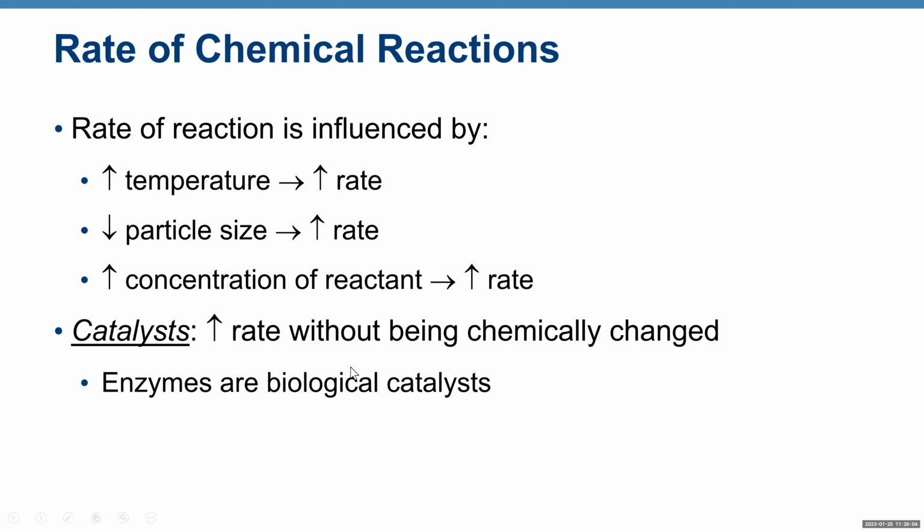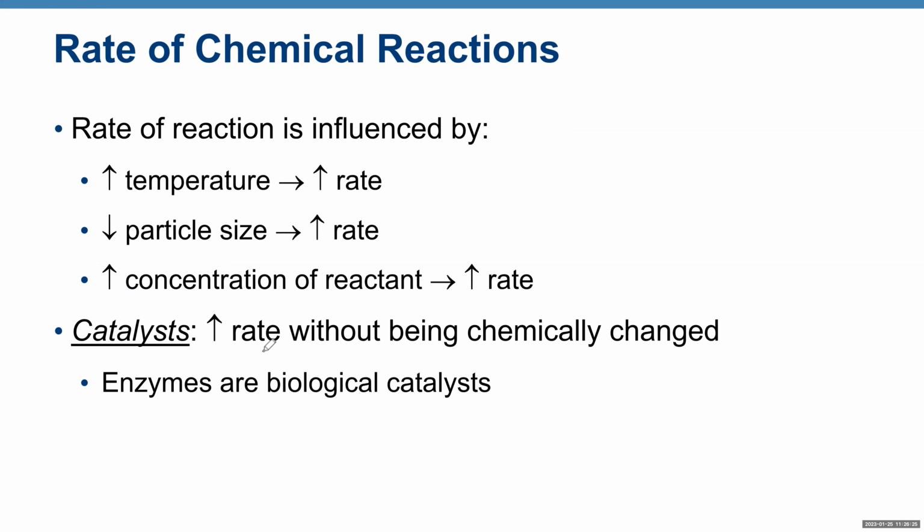The rate of chemical reactions is influenced by temperature. So the higher the temperature, the higher the rate of reaction. Particle size: the smaller the particles, the higher the rate of reaction. Concentration of reactants: if you have more reactants, you increase the rate of reaction.